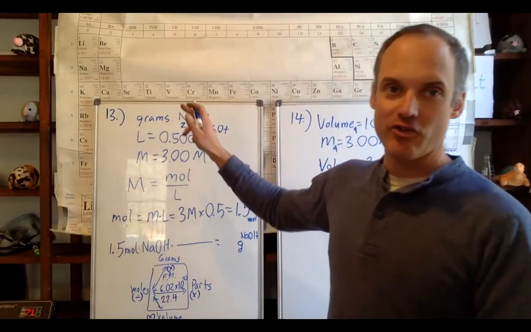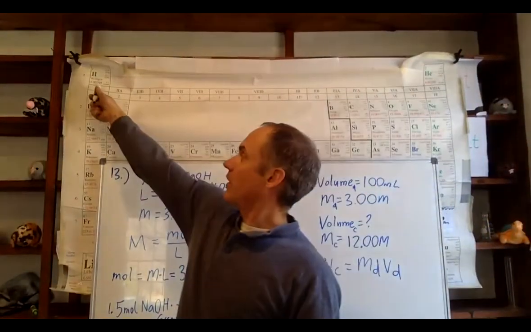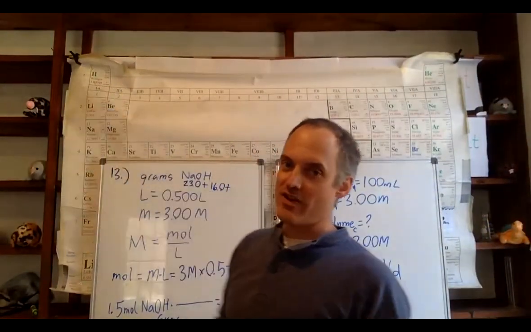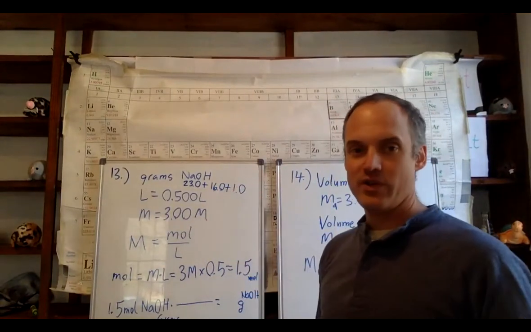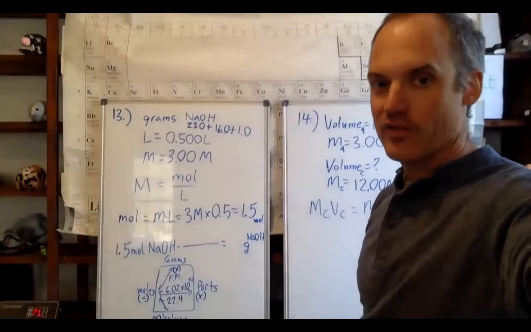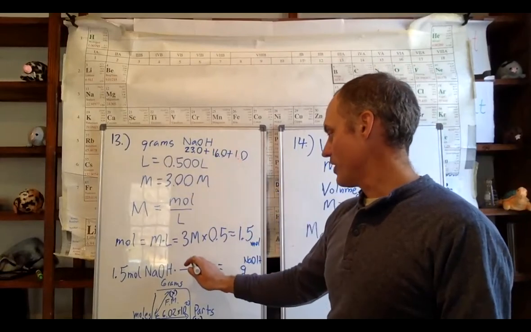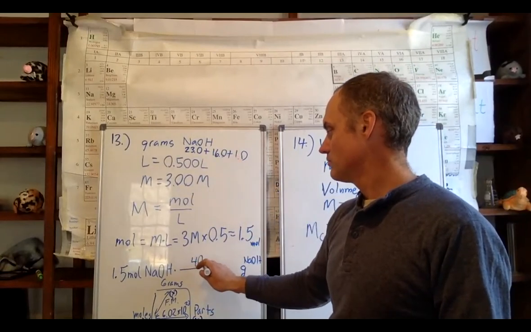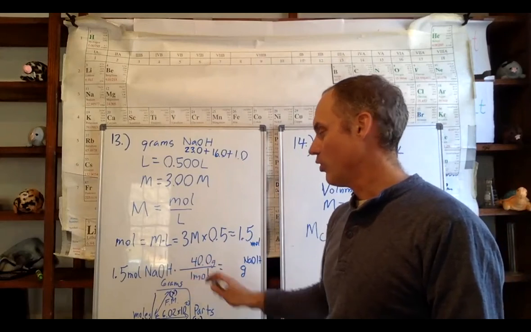And then we have hydrogen. Hydrogen's way over there. It's got a weight of 1.0079, so that's pretty much 1.0. So 23 plus 16 is 39, plus 1 is 40. So this has a formula mass of 40. 40 grams per 1 mole.